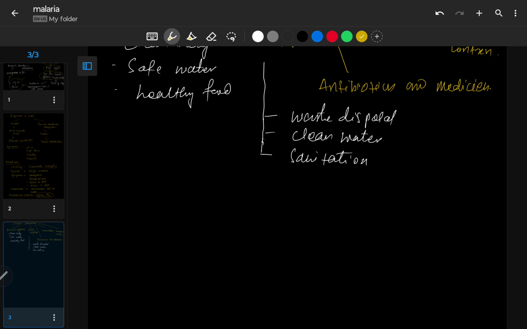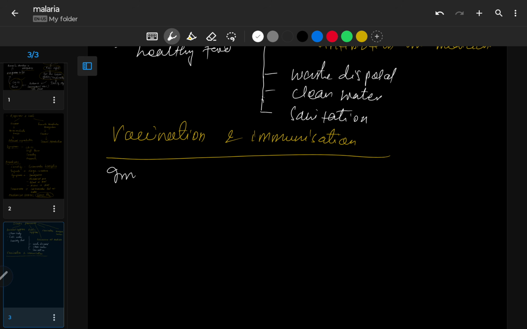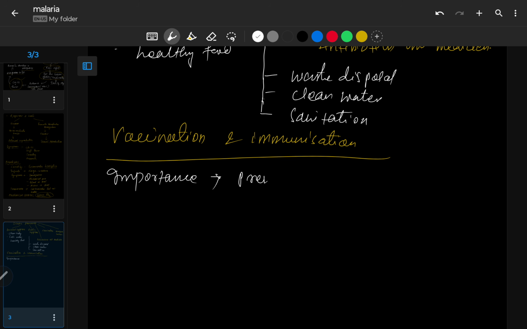Vaccination and immunization. So let us first know why it is important. Its importance includes prevention of infectious disease.